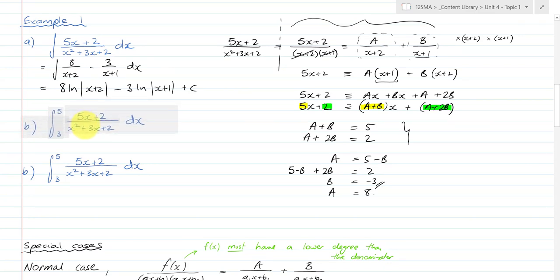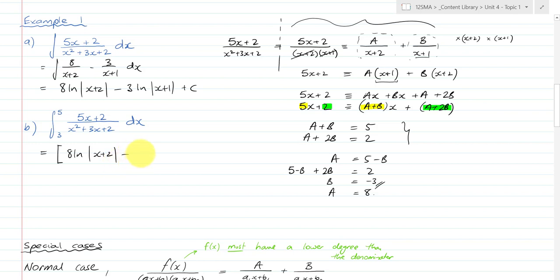So now if I want to do this calculation for part B, I can just simply use my answer to part A and write this down as 8 log(x plus 2) minus 3 log(x plus 1) between 5 and 3, and then do these substitutions.